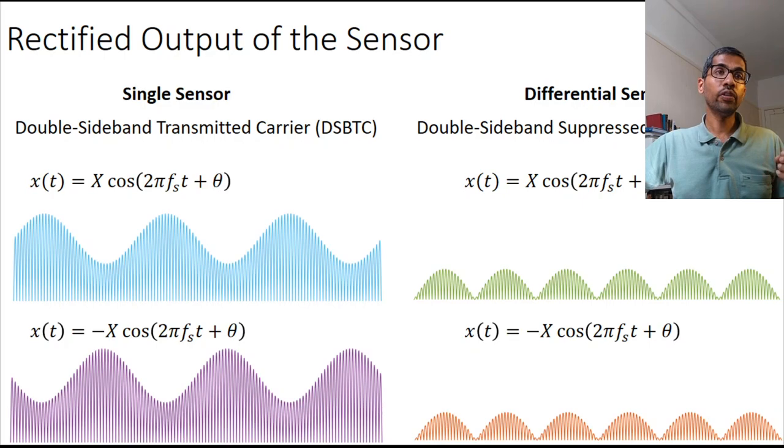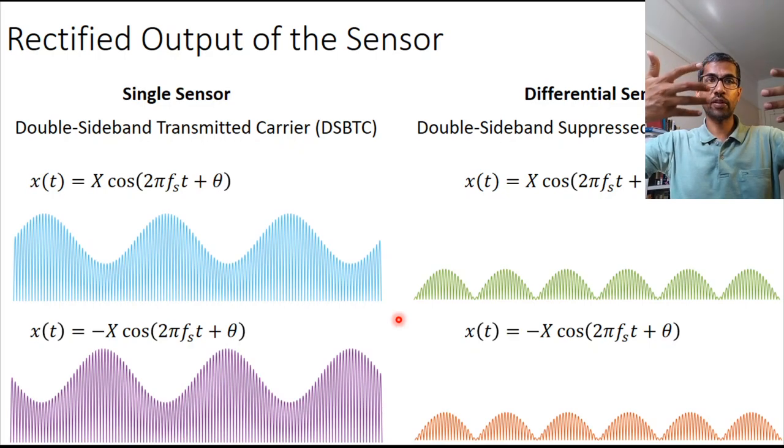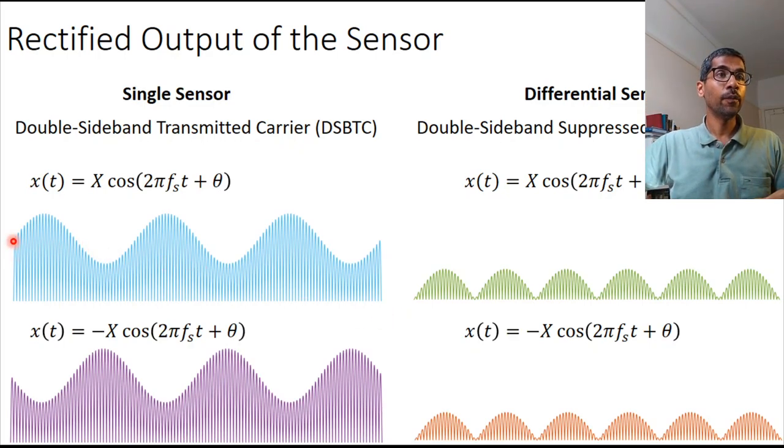And if you rectify the signals, which basically means that you have removed the negative part, or you have switched the negative part into the positive side, you can see the message signal here still, right? So if you detect the amplitude of the signal, you'll get the X out. But in this case, you have lost the message signal. Can you see?